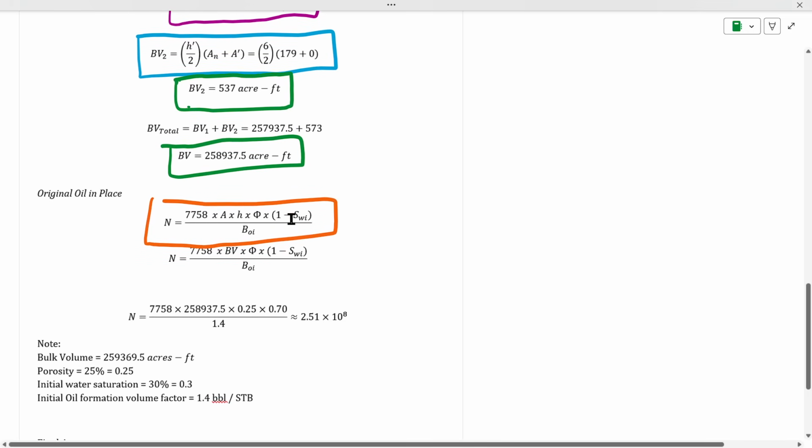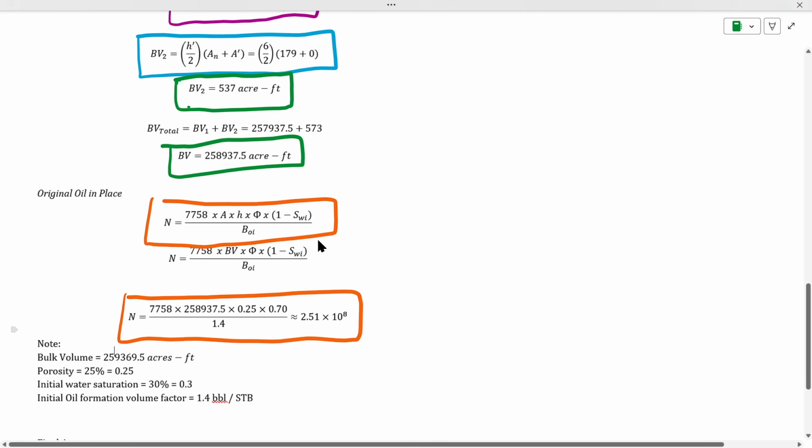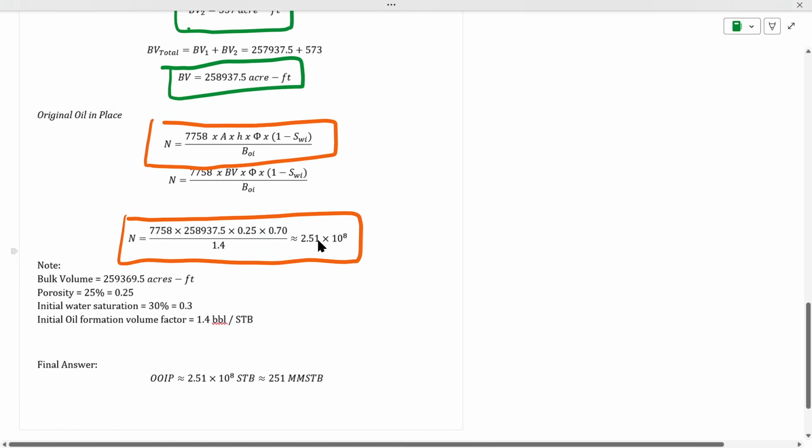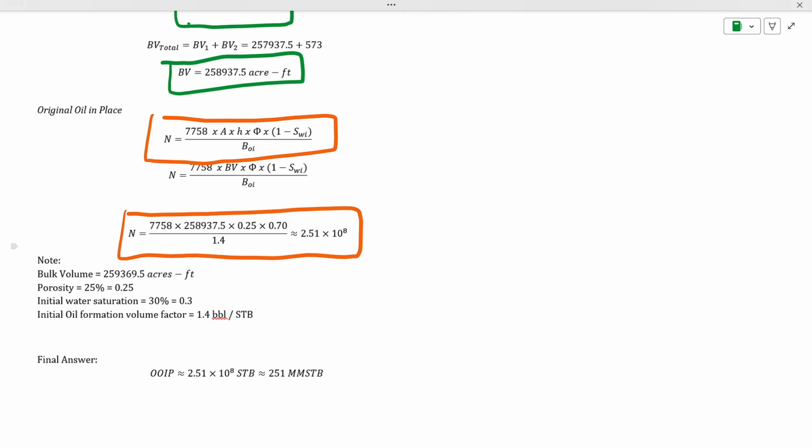Just recall all the parameters here and substitute them into the formula for the original oil in place, and the answer is approximately 2.51 times 10 raised to 8 STB, or converting it, 251 million STB. So this is the original oil in place.